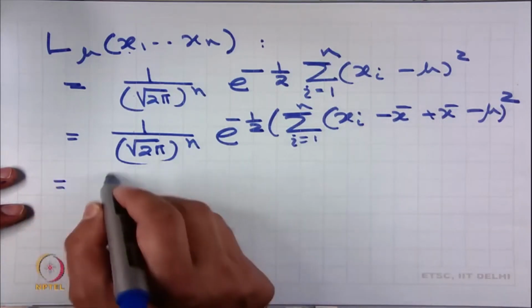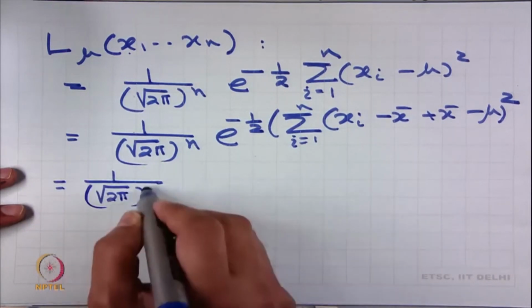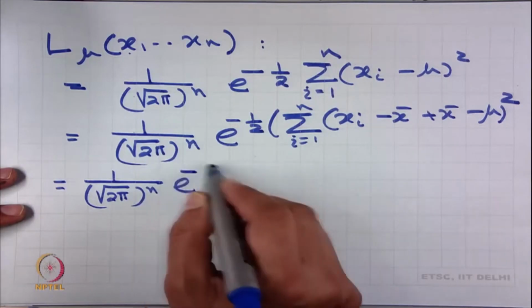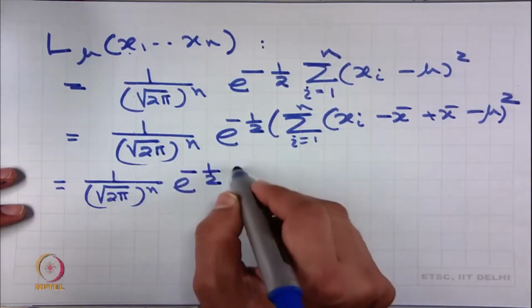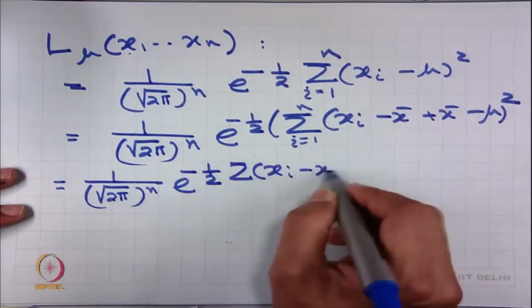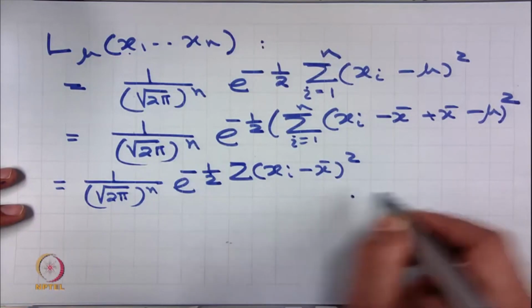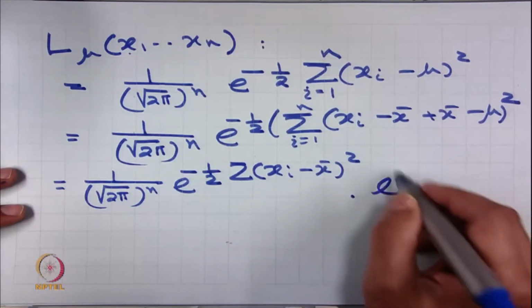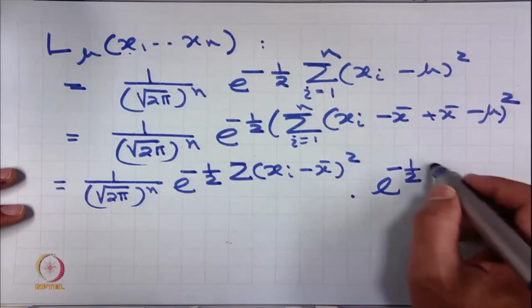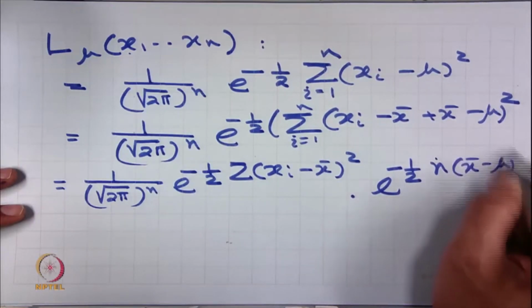This allows us to write it as e to the power minus half sigma xi minus x bar whole square, into e to the power minus half n times x bar minus mu whole square.